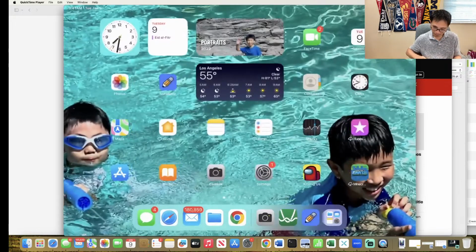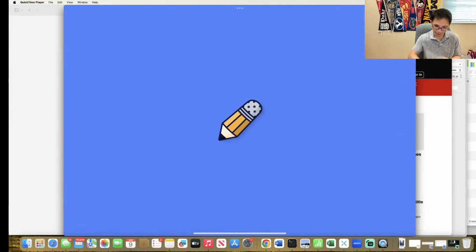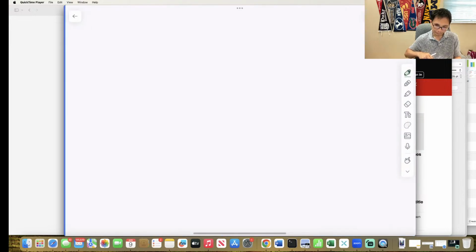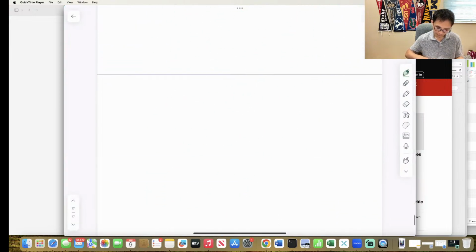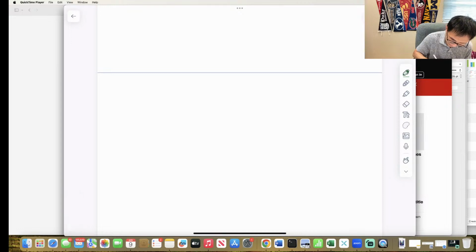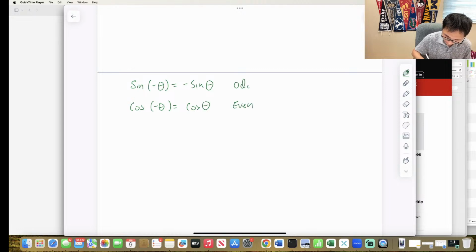Now, I'm gonna go back to write down for you so that way you know. Sine of negative theta is equal to negative sine theta, and the cosine of negative theta is equal to cosine theta, because this is even and this is odd.